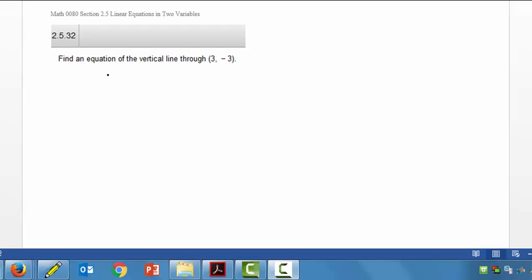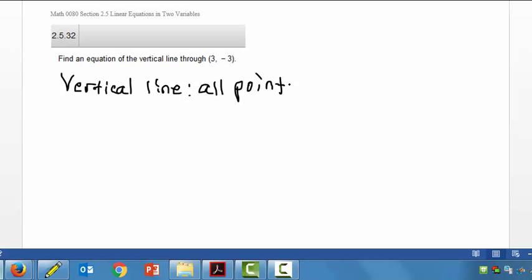Here we want to find the equation of the vertical line that passes through the point (3, -3). Remember, on a vertical line, all points have the same x-coordinate.